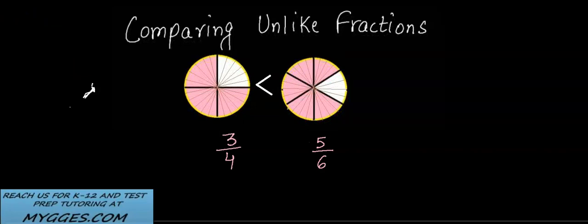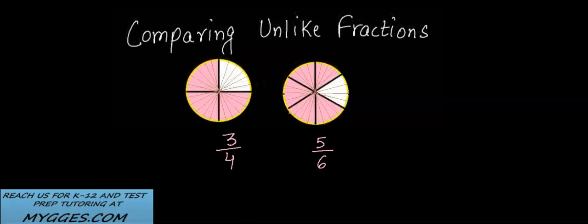You can see here in the second figure, more parts are shaded. So that means this fraction is greater. But what if we don't have the model? Then how do we compare which fraction is greater? To compare unlike fractions, we can first convert them into like fractions, and then we can simply compare the numerators.